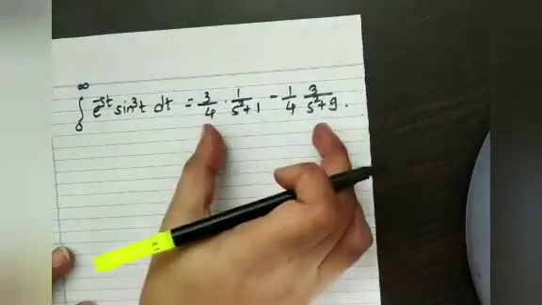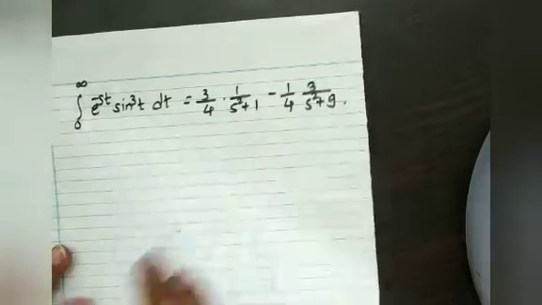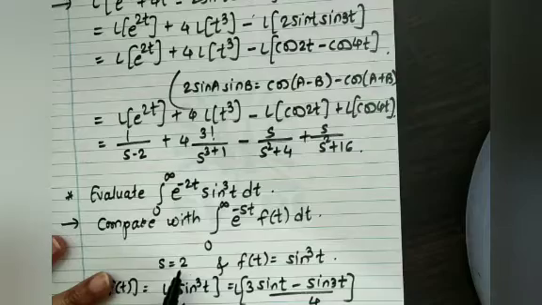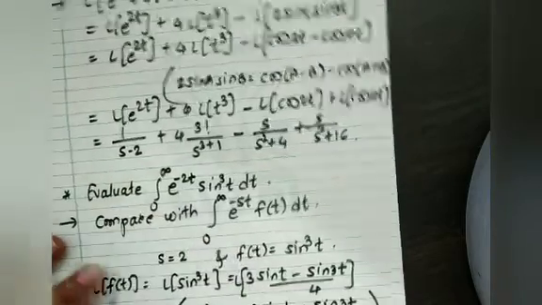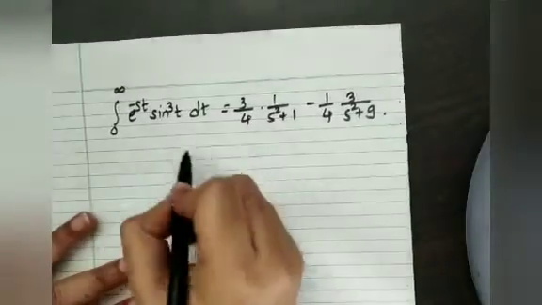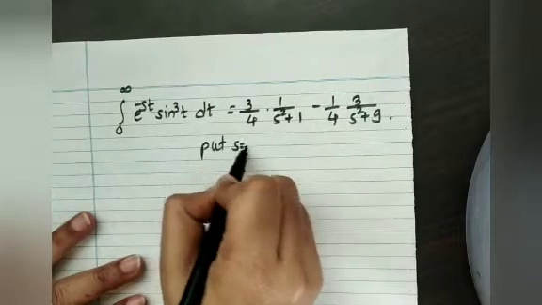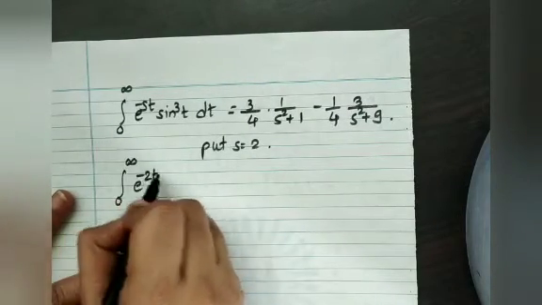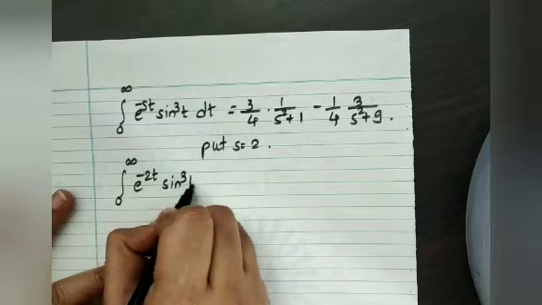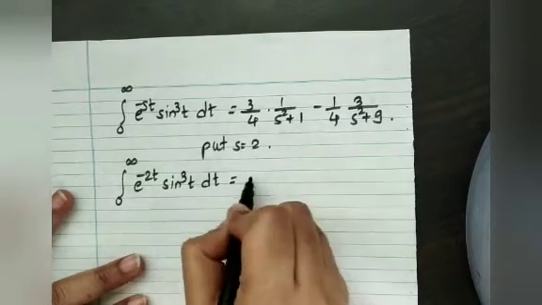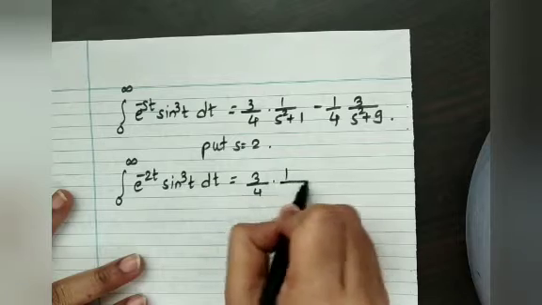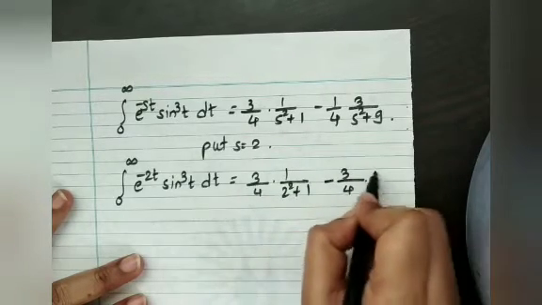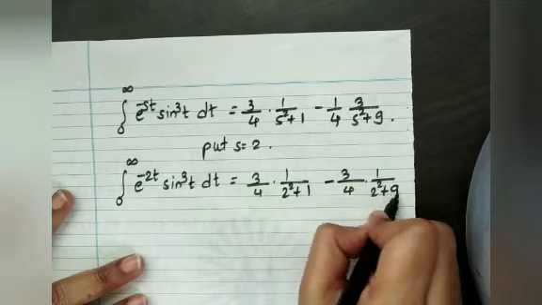Now here is the answer, and finally we have to put s equal to 2 for the required answer. So putting s equal to 2, we get integration 0 to infinity e raised to minus 2t sine cube t dt as 3 by 4 into 1 upon 2 square plus 1 minus 1 by 4 into 3 upon 2 square plus 9.